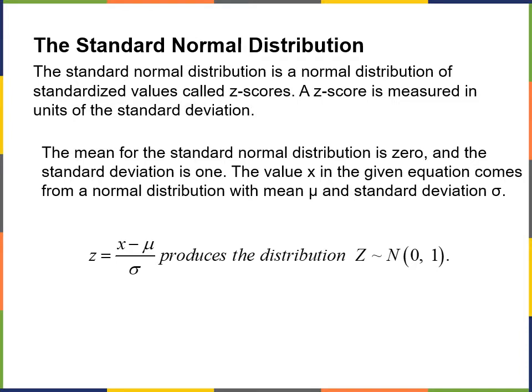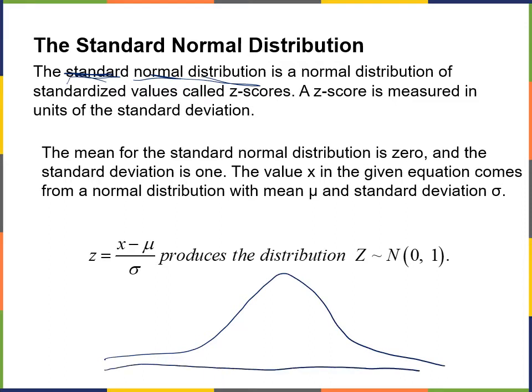All right. What we largely do to deal with normal distributions is to really work with what we call a standard normal distribution. Okay? A standard normal distribution is a normal distribution, a bell-shaped curve, that works on the standard z-score scale.